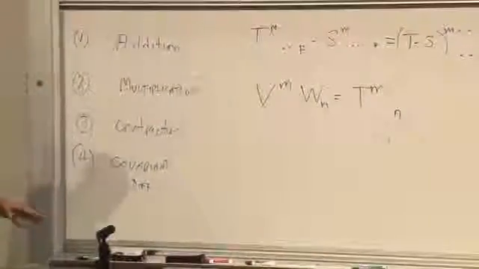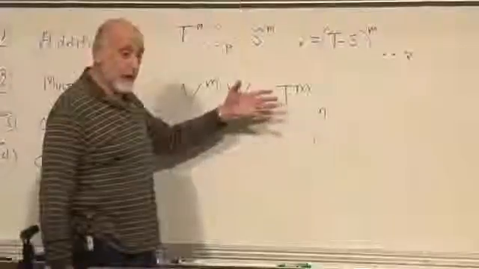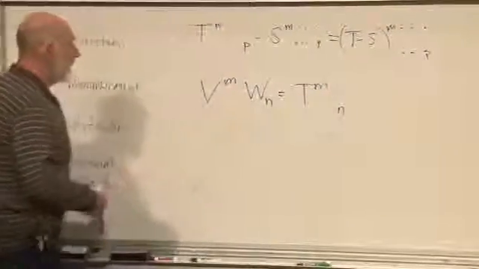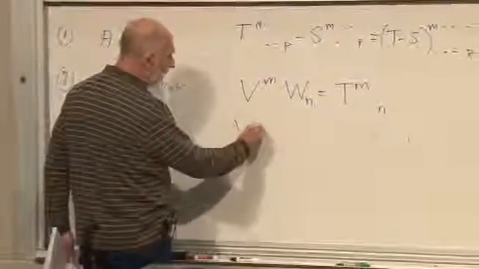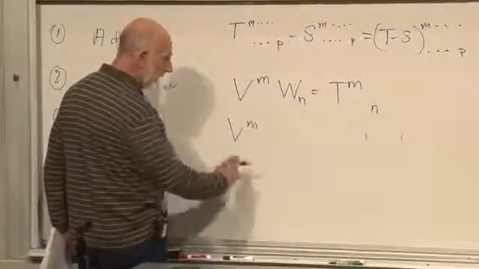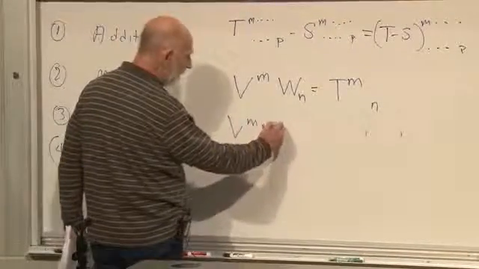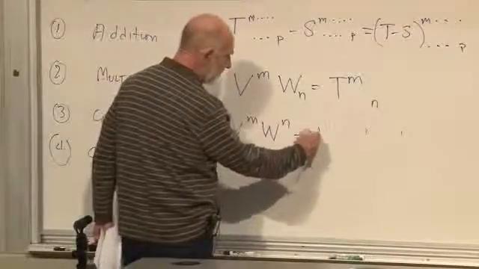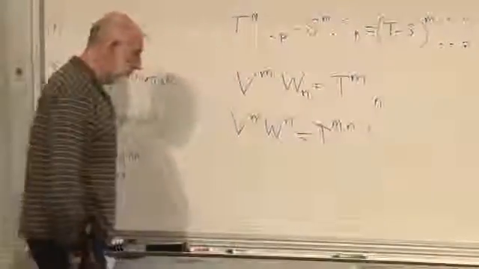It's a set of values, one value for each m and n, that defines the components of a tensor with two indices. You could have done the same thing with some other vector, let's continue to call it w, but one with another upstairs index. And this would have been some other tensor with two upstairs indices.